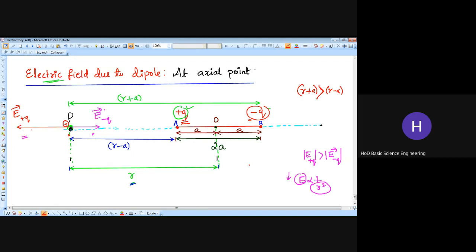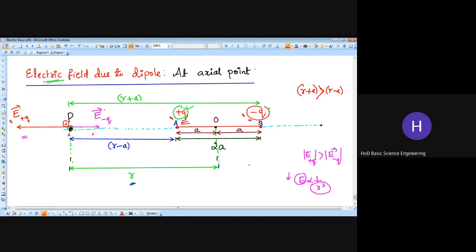Therefore, here this plus Q is closer to point P. Therefore, its electric field must be greater. Similarly, E minus Q is far away from point P. Therefore, its electric field will be less. That is what this length of electric fields, or the magnitude of electric field, represents. Okay. Yes, hope it is clear.